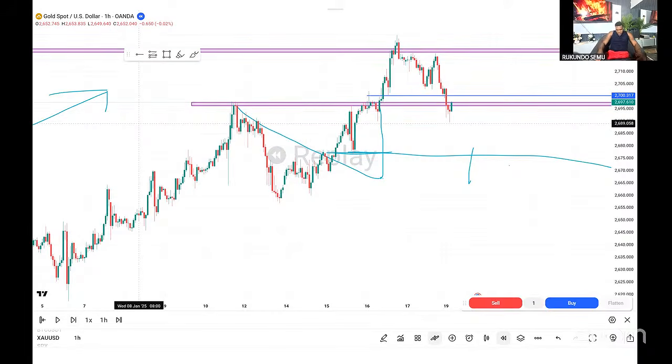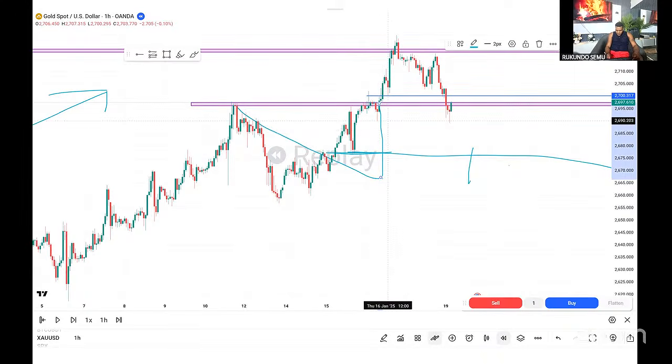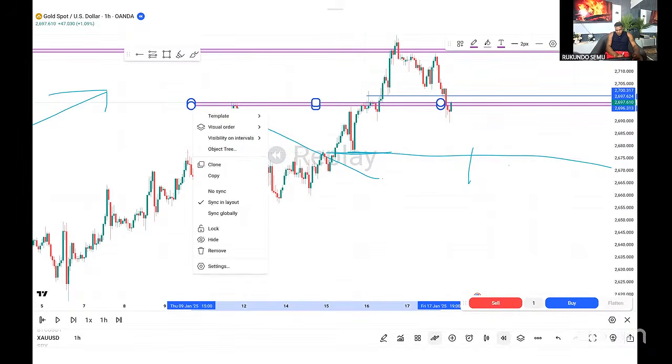Since we have marked here, but the area of benefit was still continuing in these levels. Are you seeing it, guys? The area of benefit.